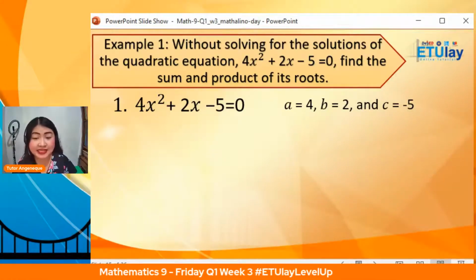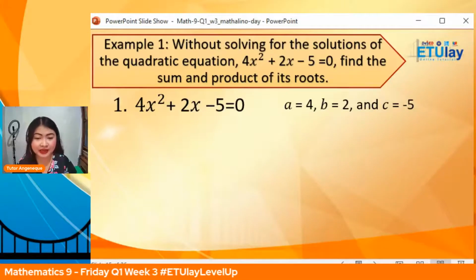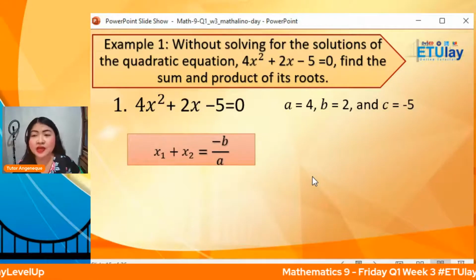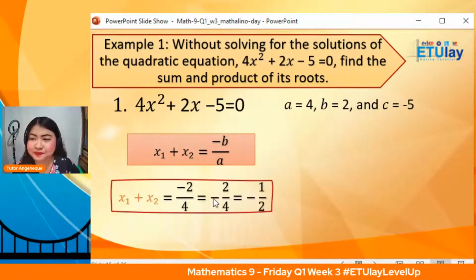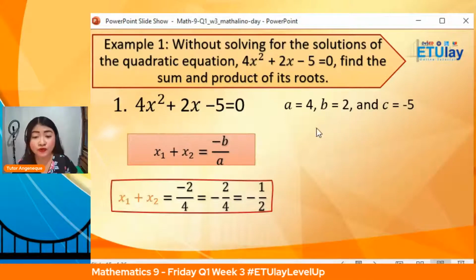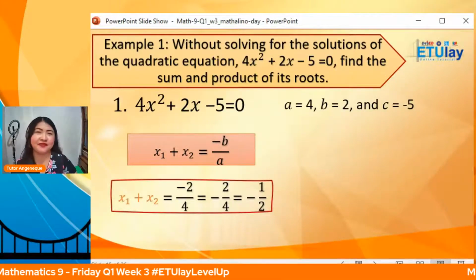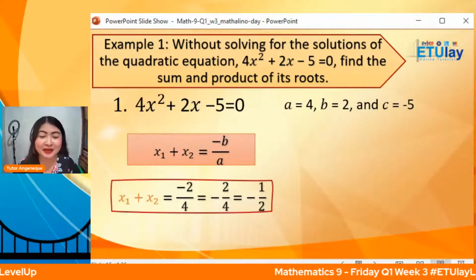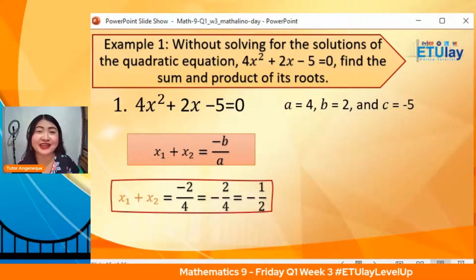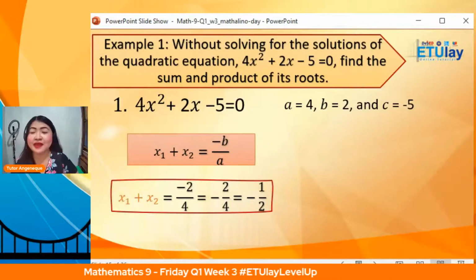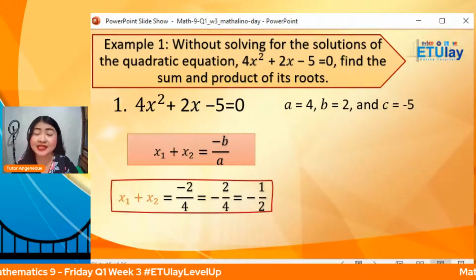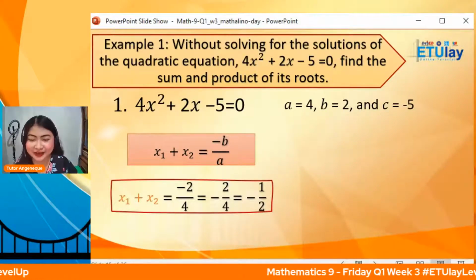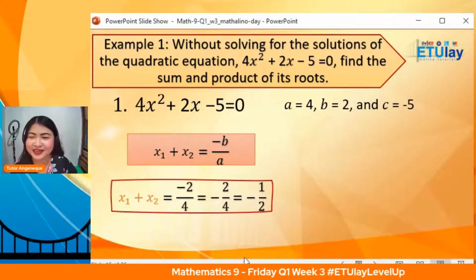So, we have here the sum. Ano yung sum natin? Okay. Negative b over a. Good job. So, the answer is negative 2 over 4, which is negative 1/2. Very good, Alexander. Andiyan na rin si Alexandra. Okay. And she answered in a sentence form. That's great. The sum of the roots is negative 1/2, and the product of the roots is negative 5/2. Wow, very good.